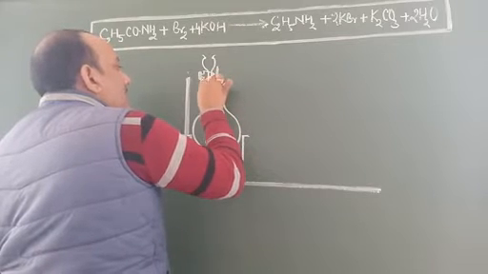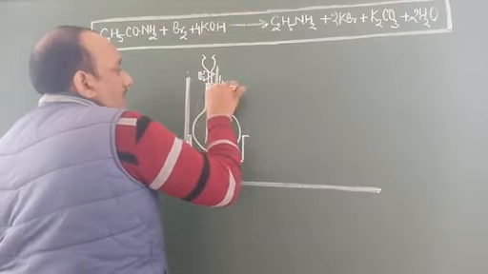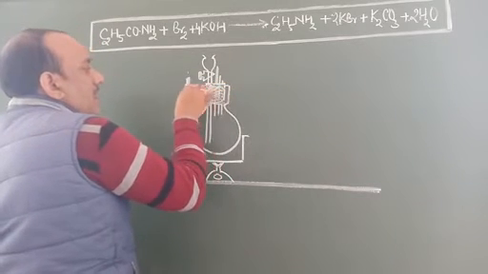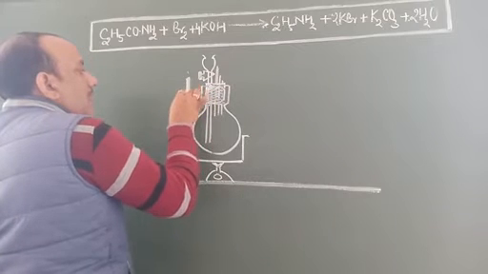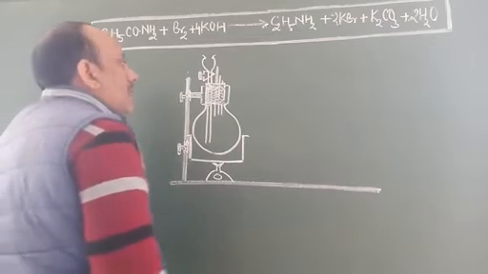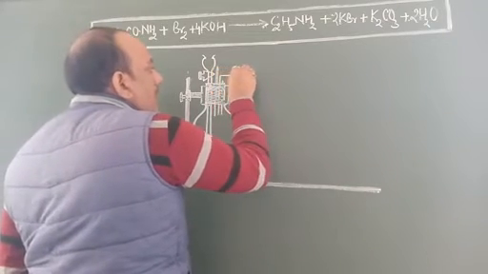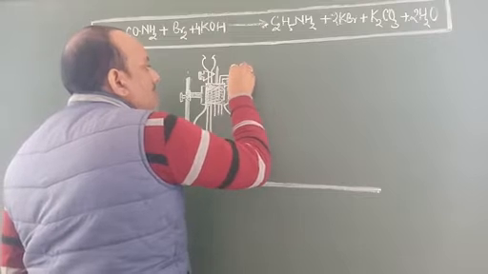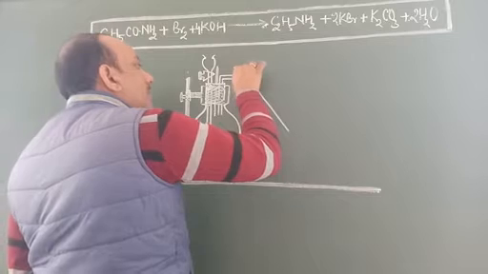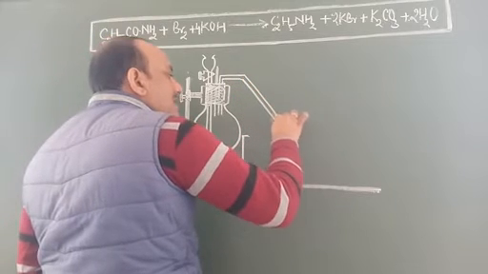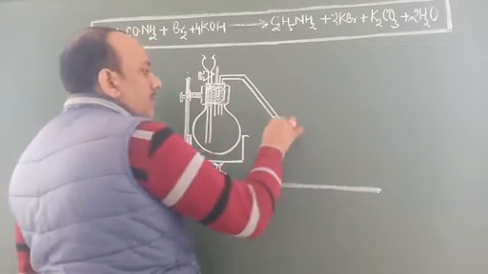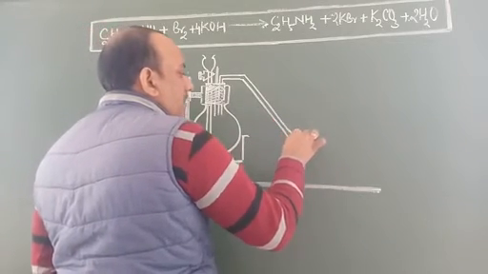We close the mouth of the flask with a rubber cork, and we fix it in a stand. This conjugation tube is connected with a Liebig condenser. This equipment is used for the cooling or condensing of this product.